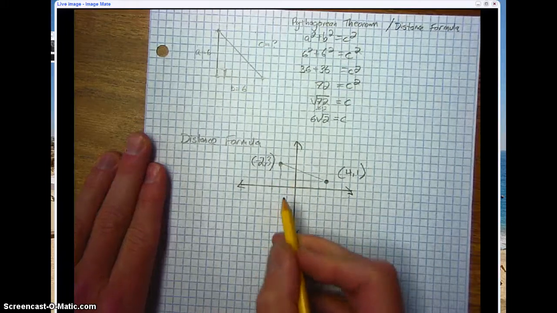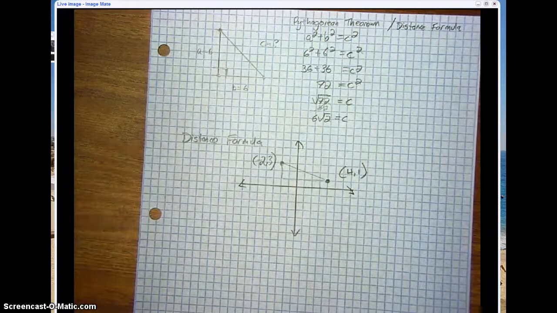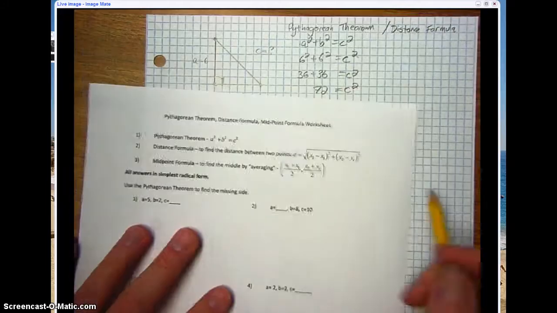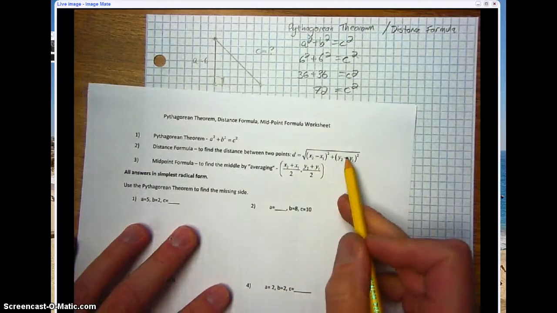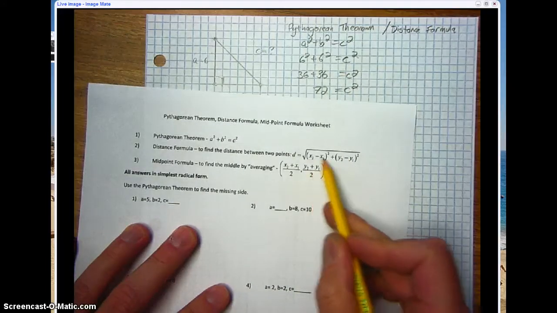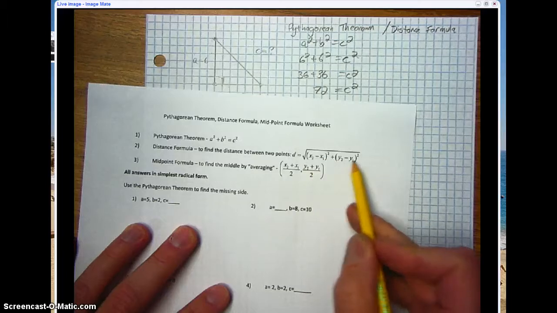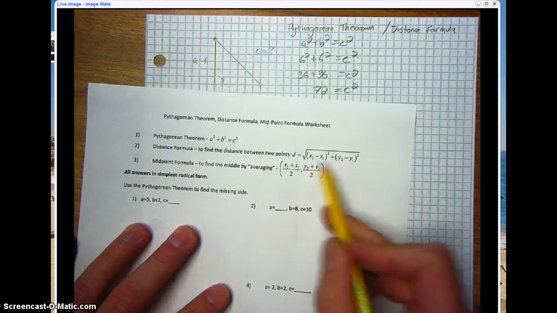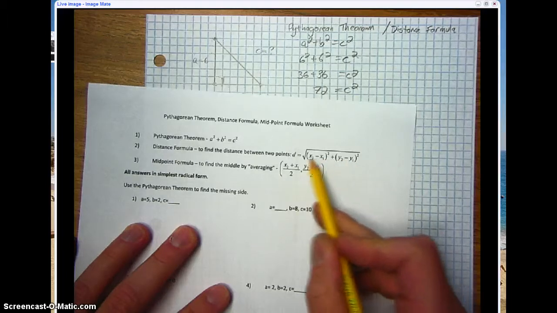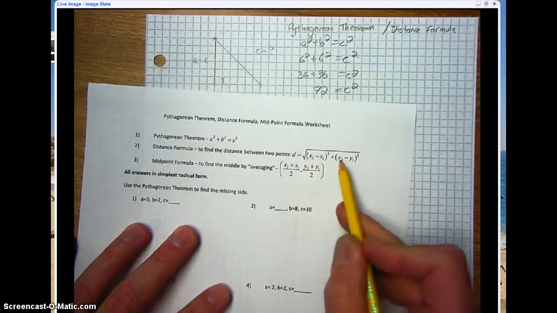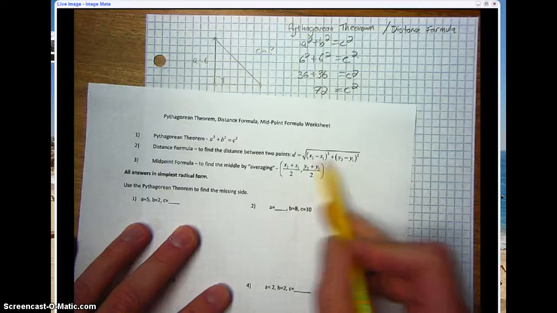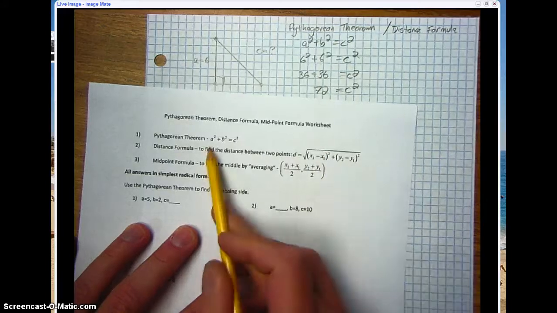The formula for the distance looks kind of scary, it's on your homework worksheet, but essentially you're subtracting the distance between the 2 x values. You're subtracting the distance between the 2 y values. Basically, you're finding how far the x's are away from each other and how far the y's are away from each other. And you'll square them. That looks just like that.